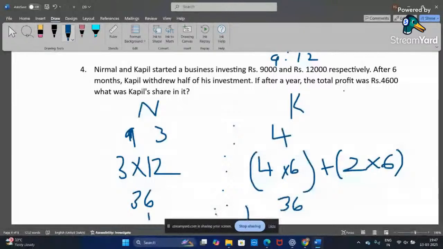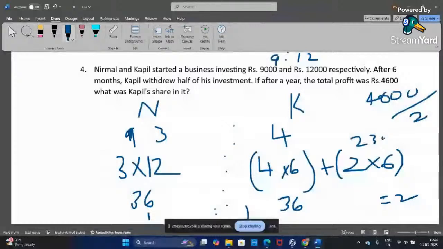Then what is the answer we need to find? We have to find Kapil's share. We have to add both the ratios. 1 plus 1, it is 2. Divide 4,600 by 2. It is 2,300.